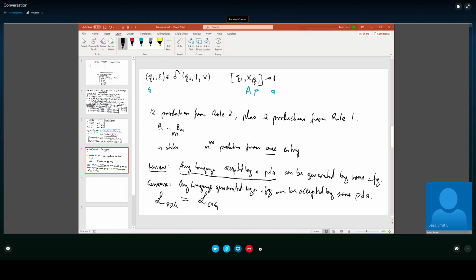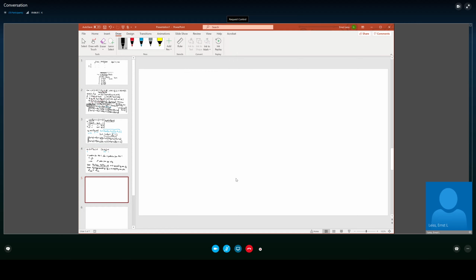Now, what we're still missing is, of course, a device to accept non-context-free languages. So we have already established that a to the n, b to the n, c to the n, n greater or equal to 1, is not context-free.